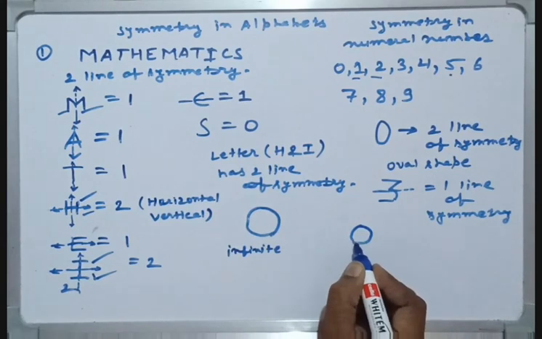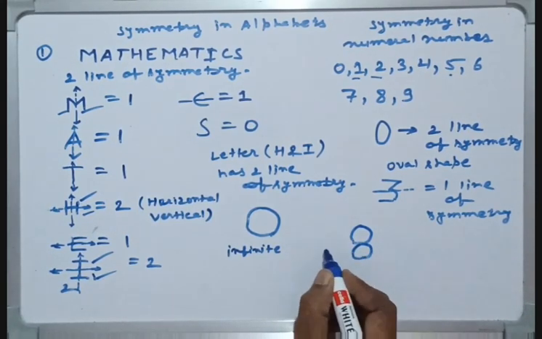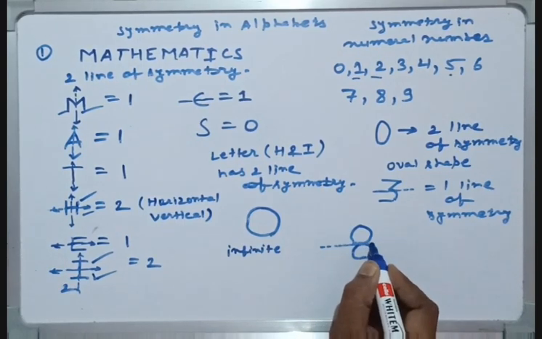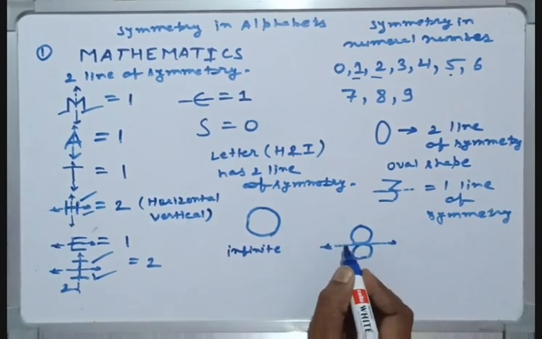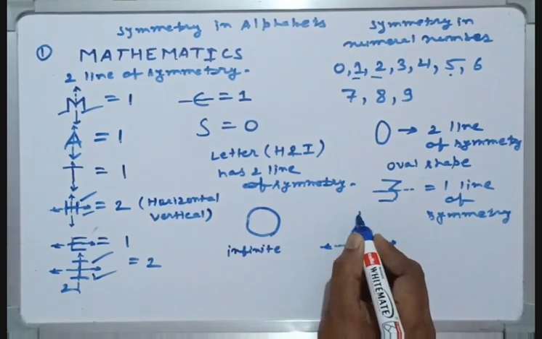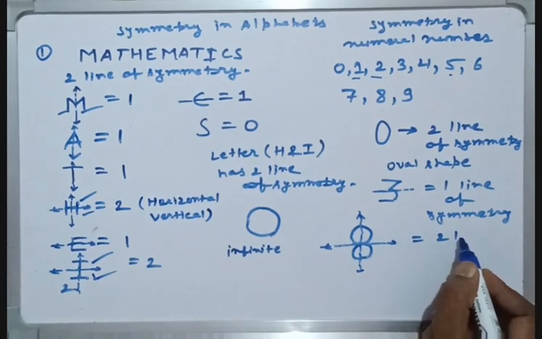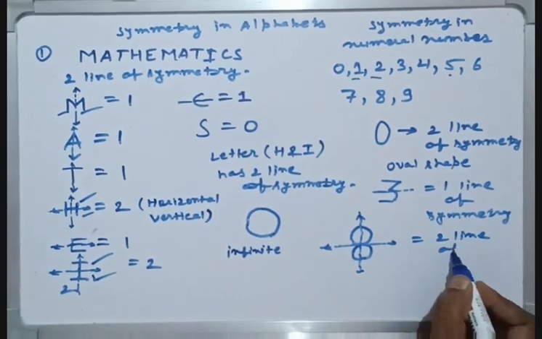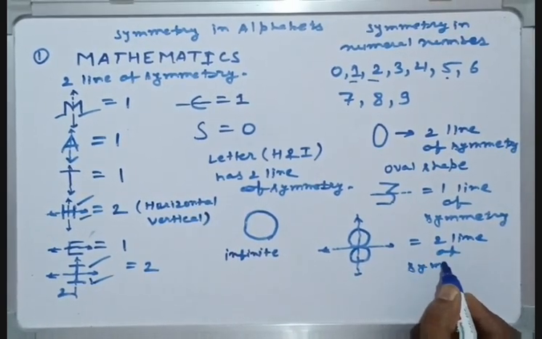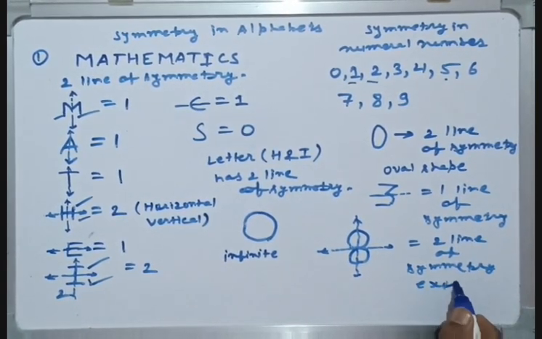So guys, this one is symmetrical about a horizontal line, and also symmetrical about a vertical one. So in 8, two lines of symmetry exist.